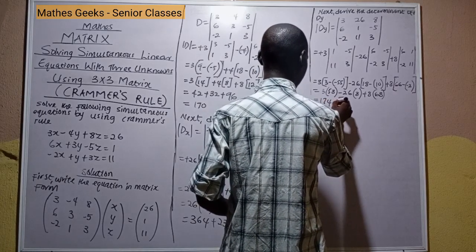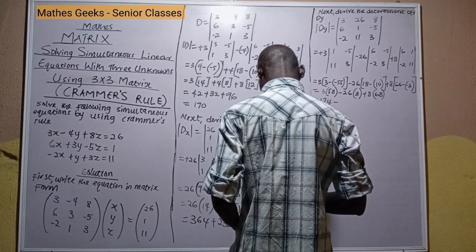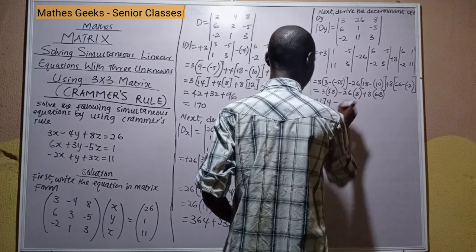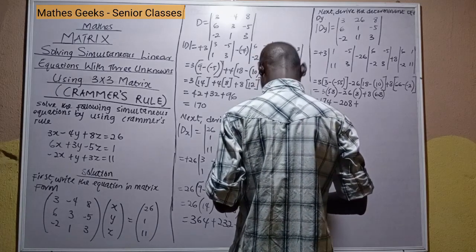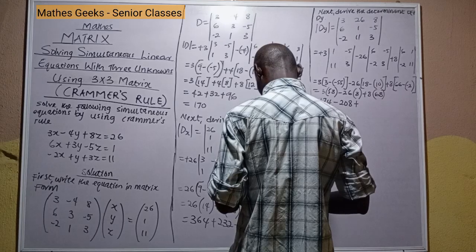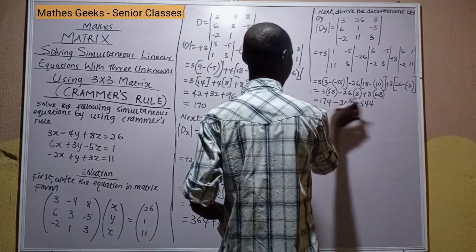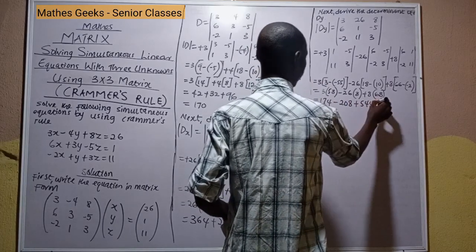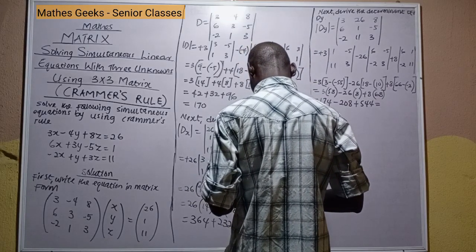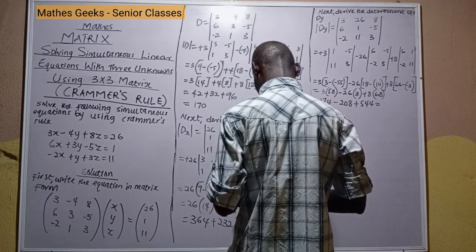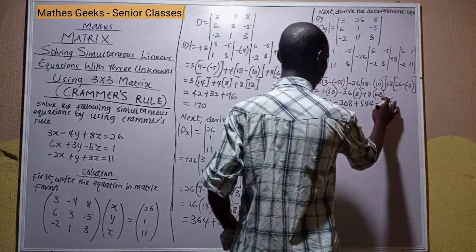So since these are positive, we add them together and then subtract this from the result, and that gives us 510 as our answer.